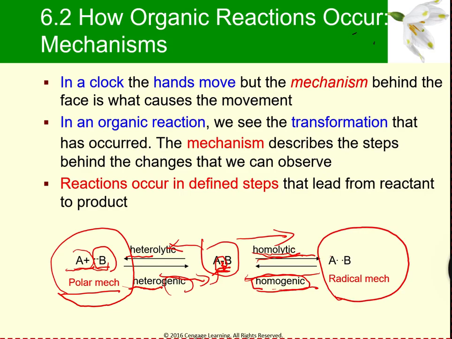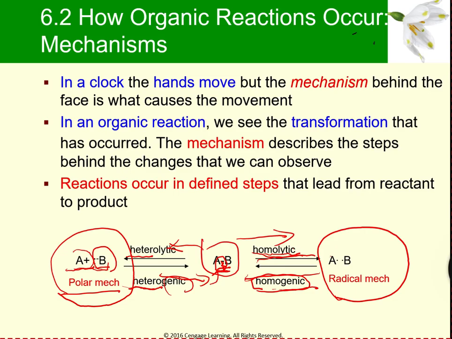So in terms of the distribution of electrons in the formation or breaking of the bond, if it is a symmetric distribution, we call it a radical mechanism. If it follows an unsymmetric distribution of electrons, then we say polar mechanisms.